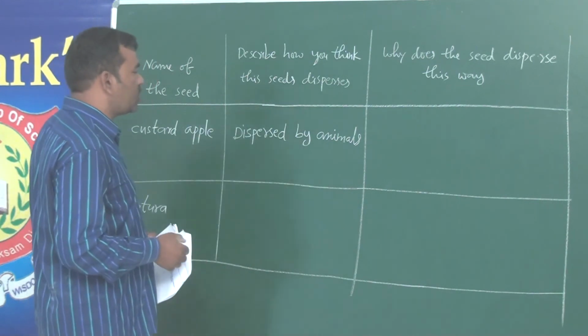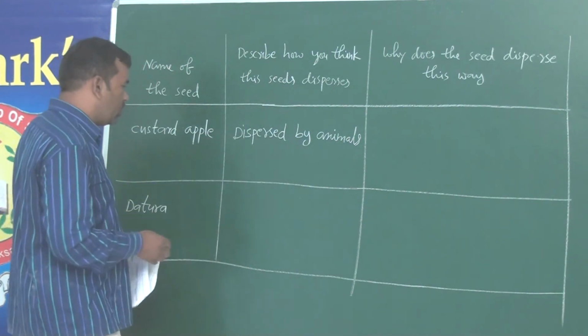These seeds get dispersed by animals and datura as well.